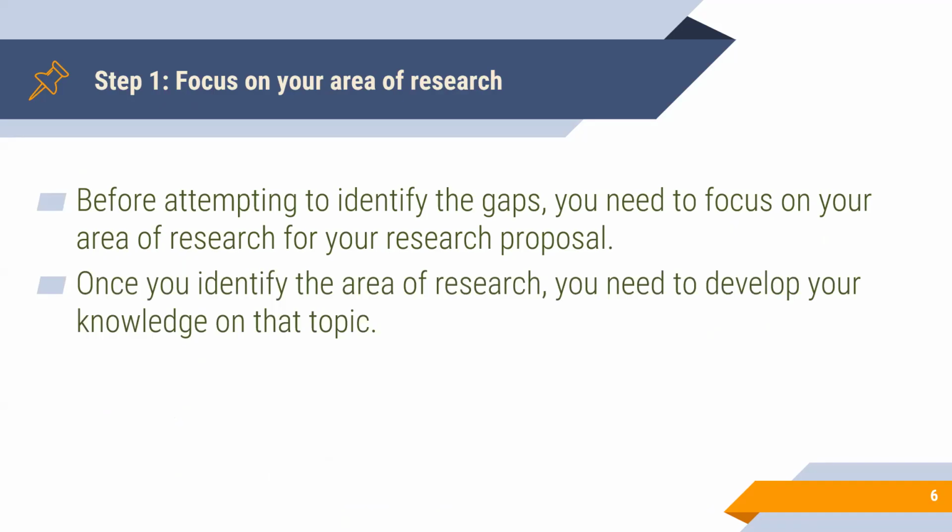So you go through a few articles and identify the gaps, the drawbacks, or maybe some missing component in one's research area. Then you focus on that research area and develop your knowledge on that topic so that you read a lot focusing on it.